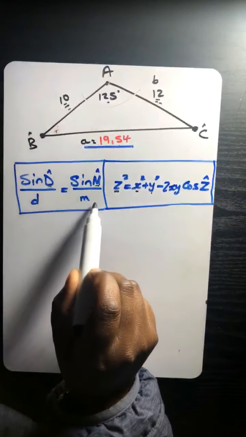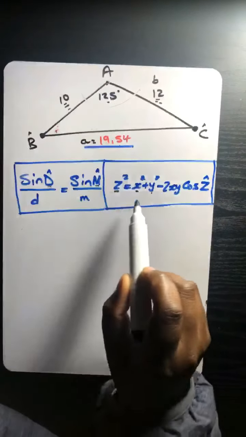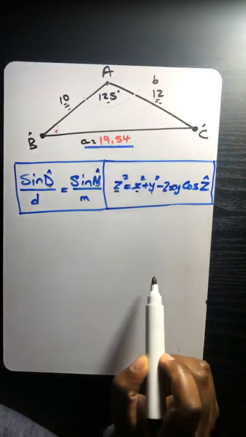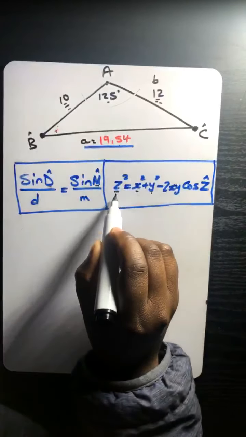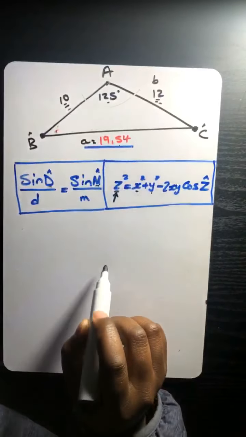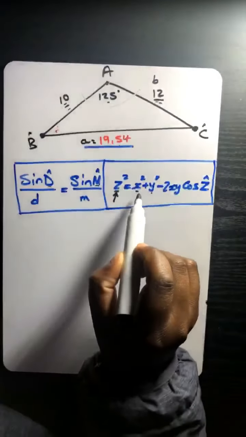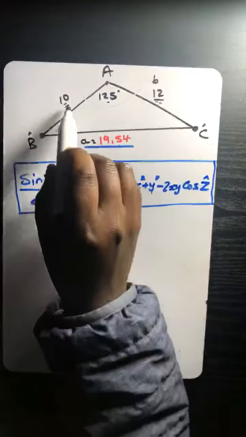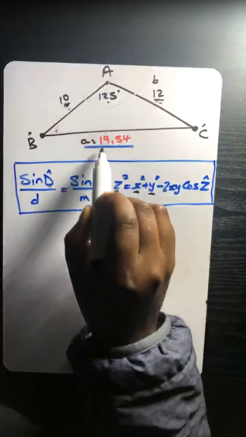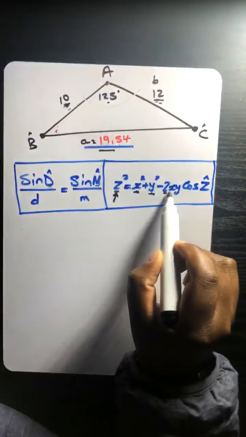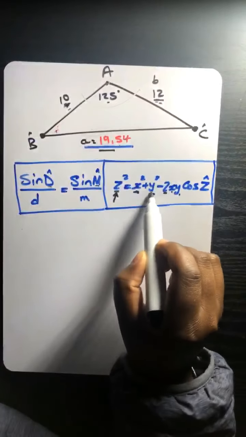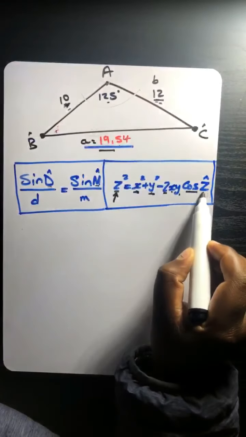You can also use the cosine rule, because you've got that side being 12, and these sides are those sides, cos of angle B being that angle over there.